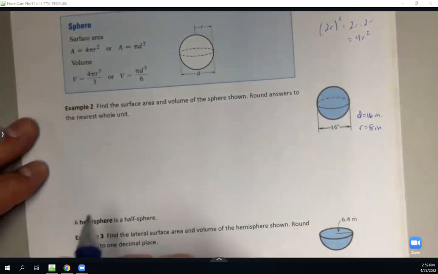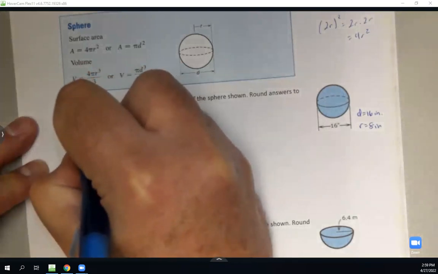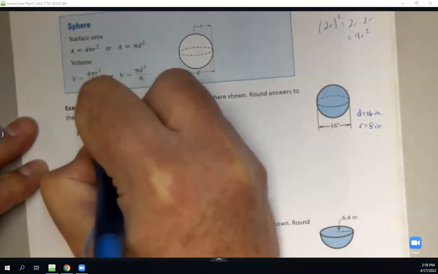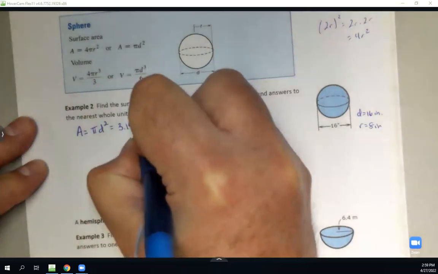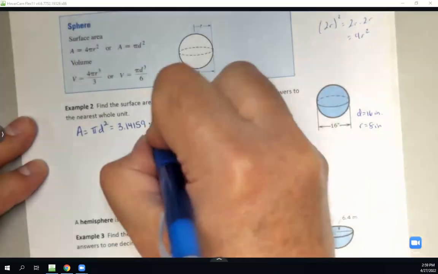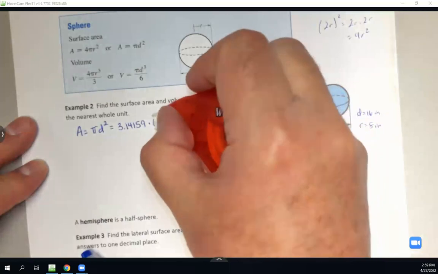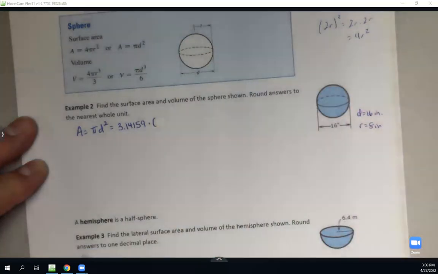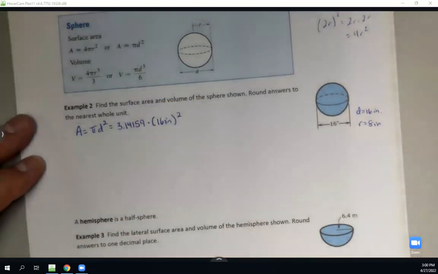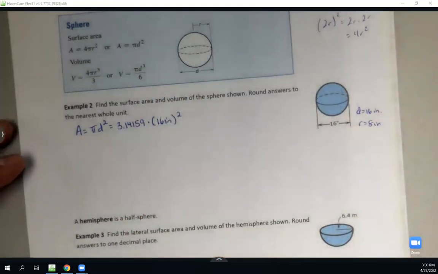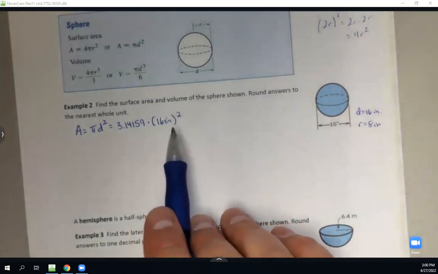So for the surface area, that's going to equal pi times the diameter squared. So 3.14159 times 16 inches, because I have the diameter, squared. Now 16 inches squared means 16 inches times 16 inches.